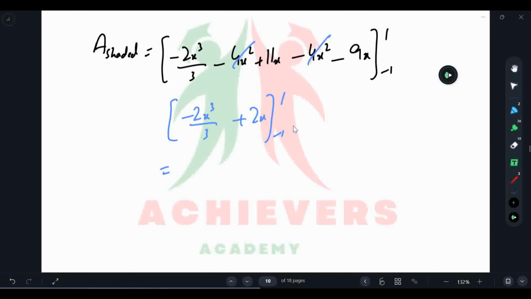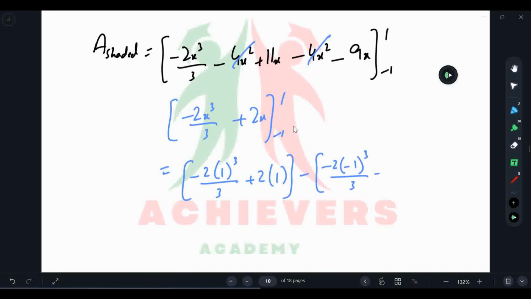So the area will be equal to minus 2 into 1 cubed divided by 3 plus 2 into 1, minus, lower limit, minus 1 cubed by 3 plus 2 into minus 1. So this will be minus 2 by 3 plus 2, minus, 2 by 3 minus 2.